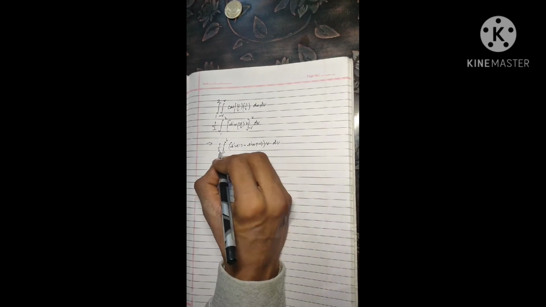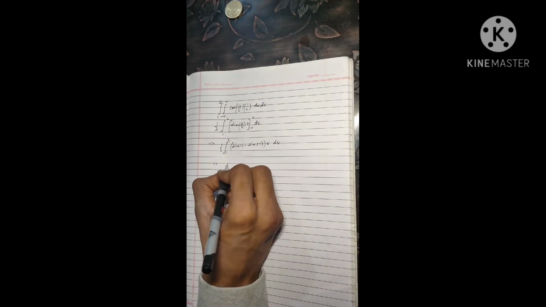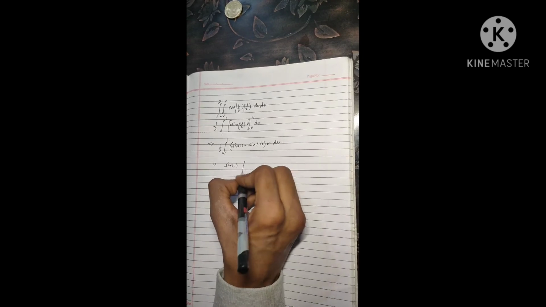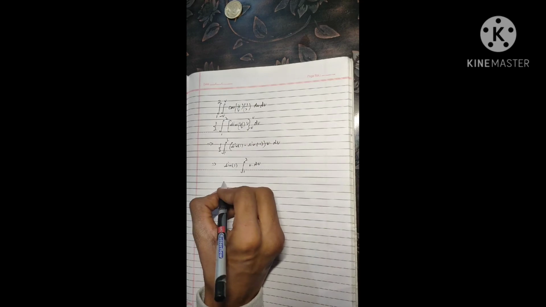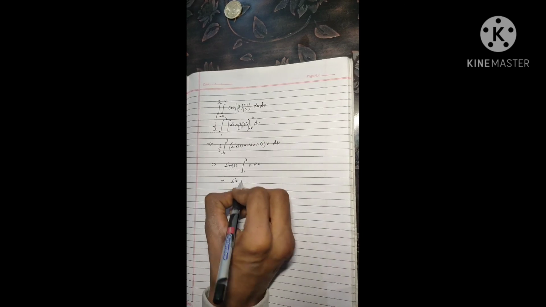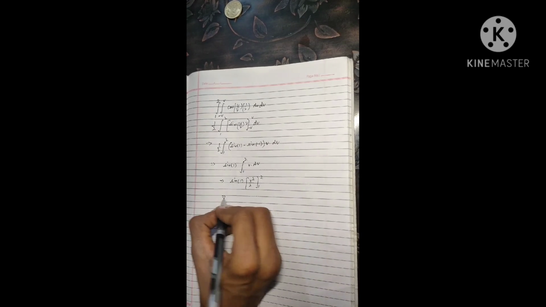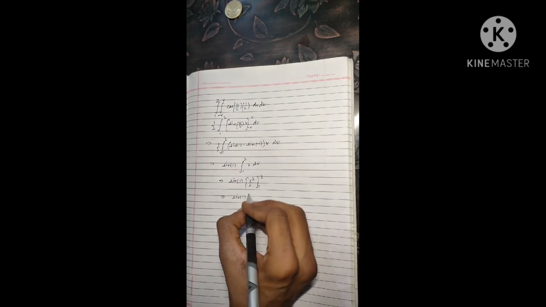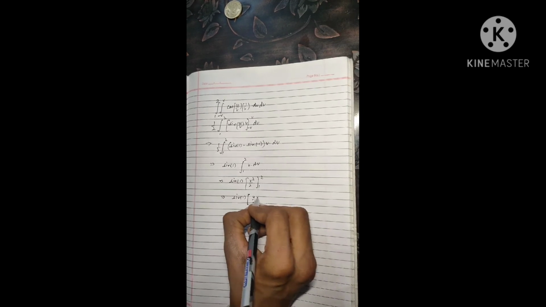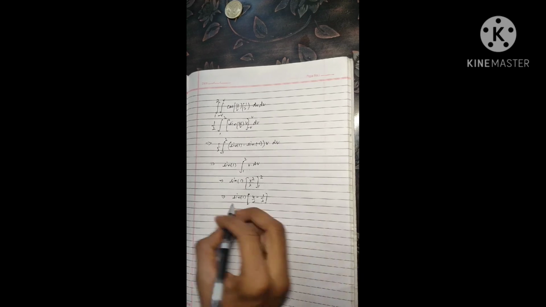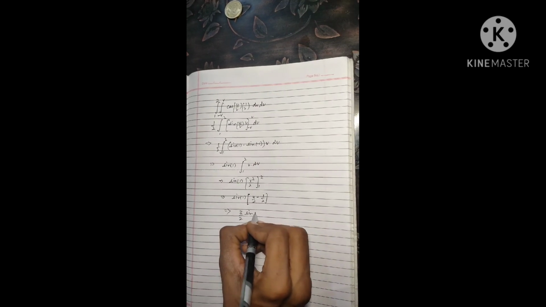We can also write this as 2 sin 1, so the 2 cancels with the 1 by 2. Sin 1 times the integral of v dv. Integration of v is v square by 2. So sin 1 times v square by 2, with limits 1 to 2. It will be sin 1 into (4 by 2 minus 1 by 2). So our final answer is 3 over 2 sin 1.